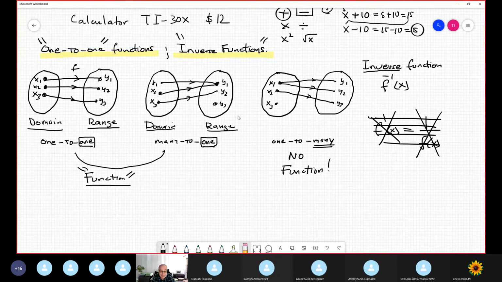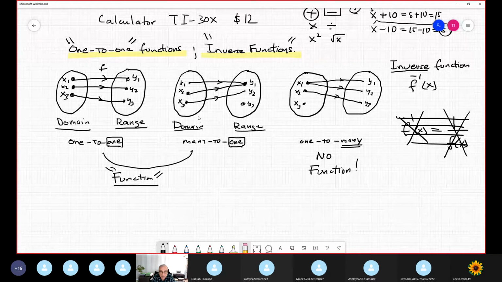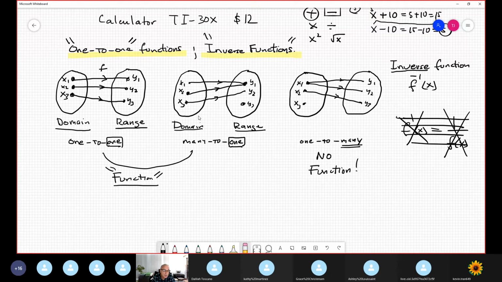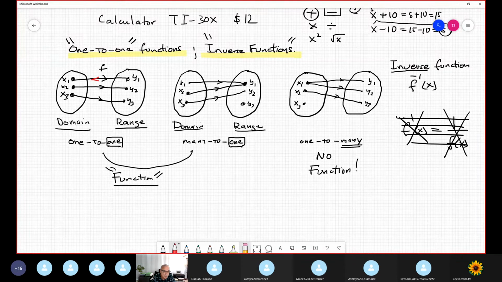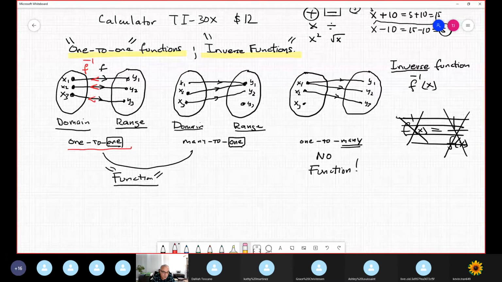The inverse function exists. So the requirement for the inverse function to exist, look at that, is that the inverse function is applied in the opposite direction. Opposite direction. This is the inverse function, in red color. The inverse function exists only if the original function f is 1 to 1.